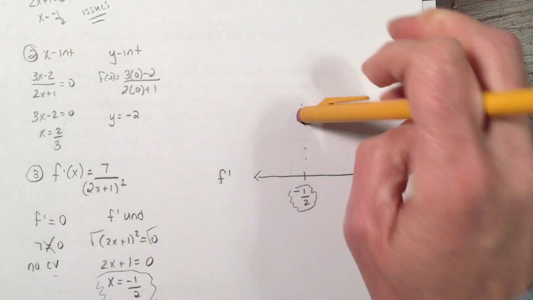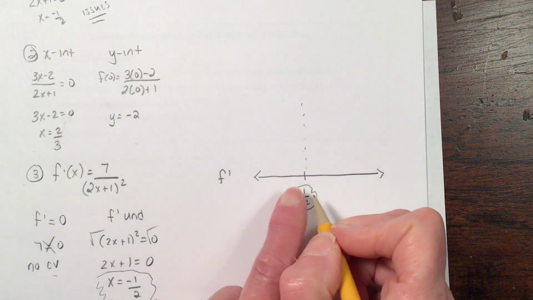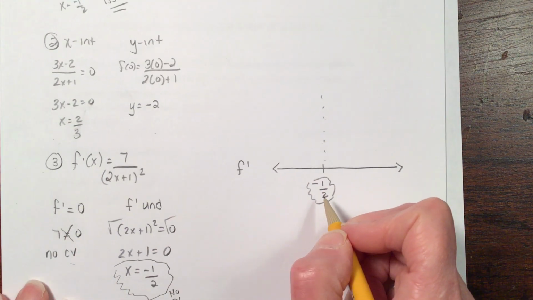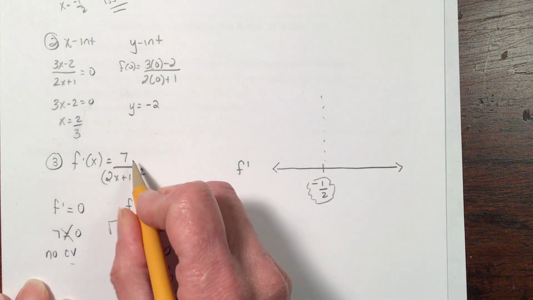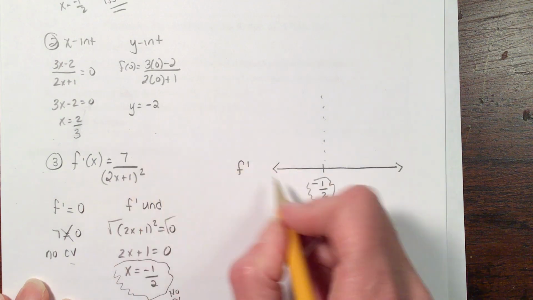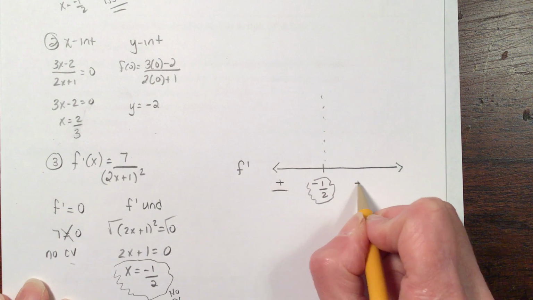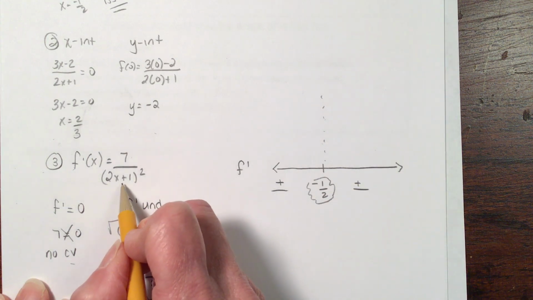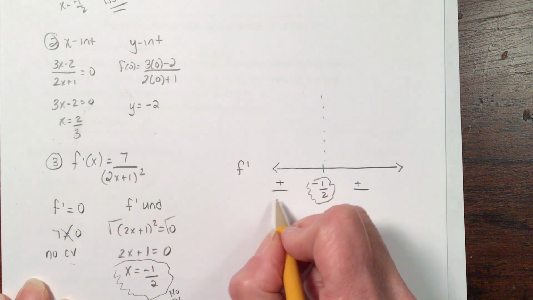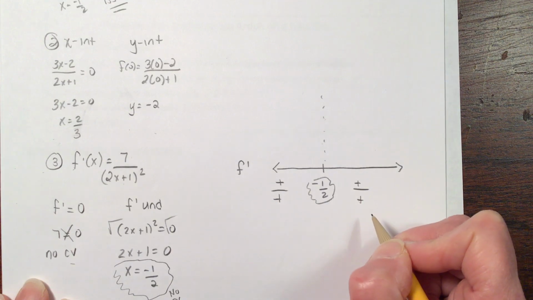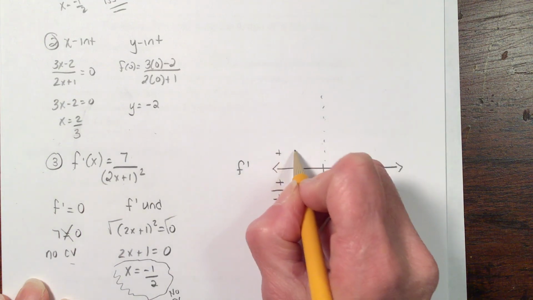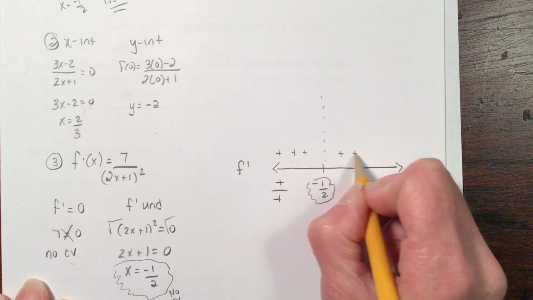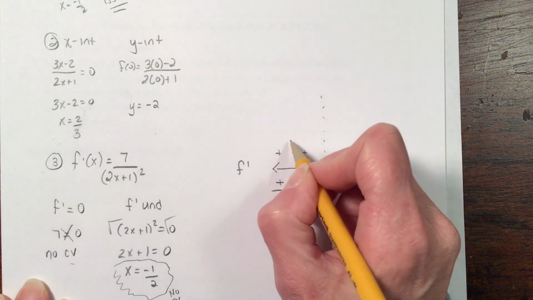Most likely an asymptote, but we're not sure at this point. When I have a number less than negative 1/2, if I plug it into the derivative, notice my derivative is going to be positive in the numerator in either interval. And no matter what number I get here, if I square it, this is also going to be positive. So this function is increasing over the entire domain.